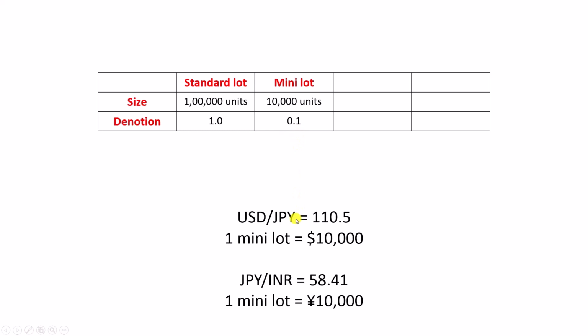Now, if you buy or sell one mini lot of this currency pair, it means that you are buying or selling 10,000 units of base currency.